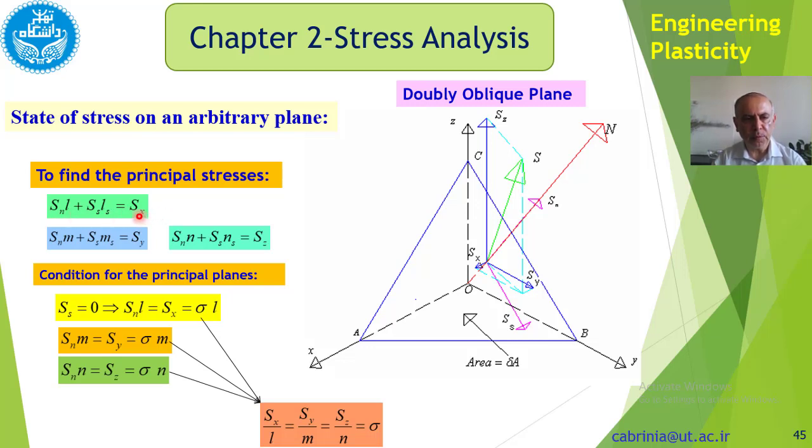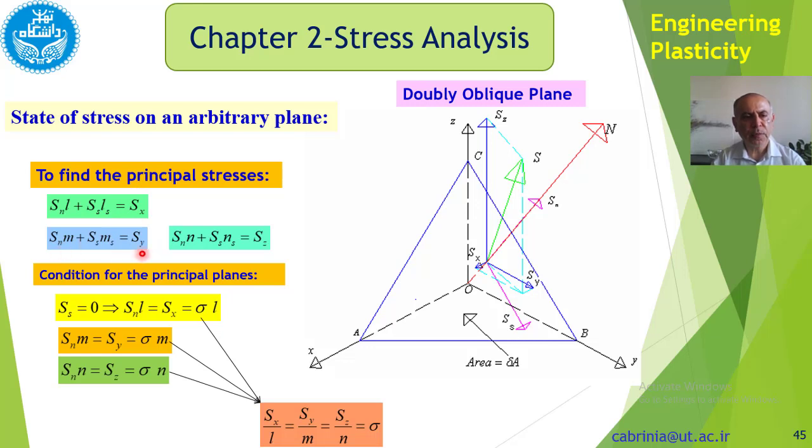This was the component of stress in the x direction, and we said that the component of S in the x direction has a shear value and a normal value. So this normal value times cosine alpha, or L, gives the normal component of Sx, and Ss times Ls gives the shear component of Sx.